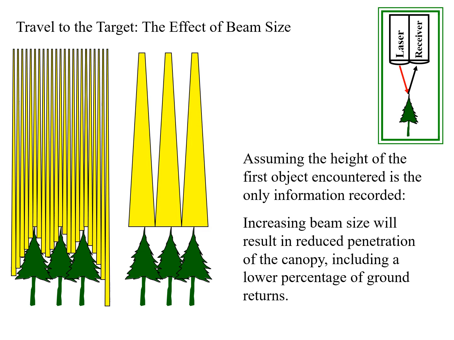And therefore, you're never going to hit the ground, or you'll hit the ground a lot less frequently than you would otherwise. This is important because, for trees, you need two elevations to get what you're interested in, which is generally metrics related to height. If you don't get the ground surface, then you're not going to get that elevation, and you're not going to get the height of the objects themselves.